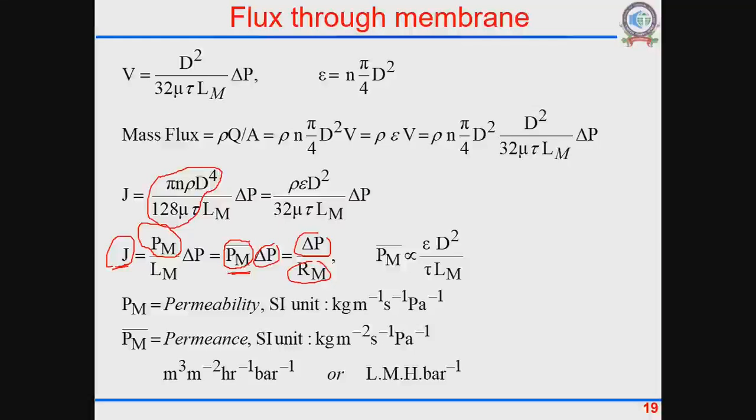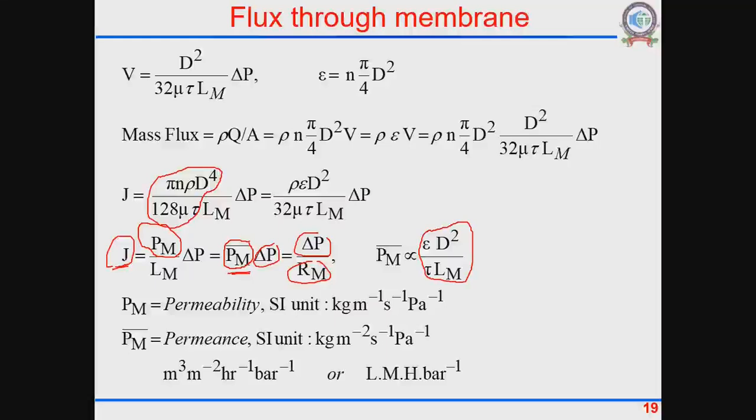So permeance is related to epsilon, pore diameter square, tortuosity, and length of the membrane. Of course, rho and mu are there. I'm just writing the proportionality. These are the properties of the membrane. The rho and mu are also there, which will replace this by an equality sign and the factor of 32, of course.